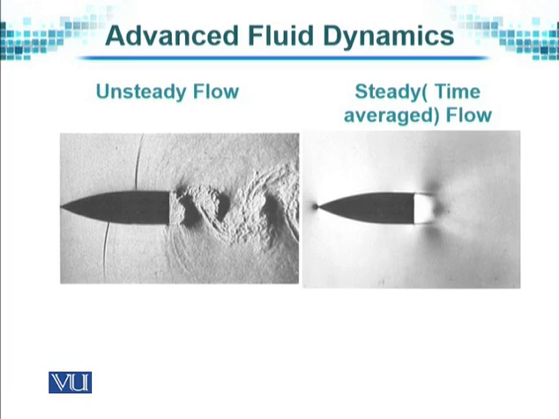But if we look at the picture on the right hand side, the fluid flow appears to be steady after some time, and it appears to be smooth. The reason being that this frame was taken over a period of about 12 seconds, and you can see that the fluid flow appears very smooth.